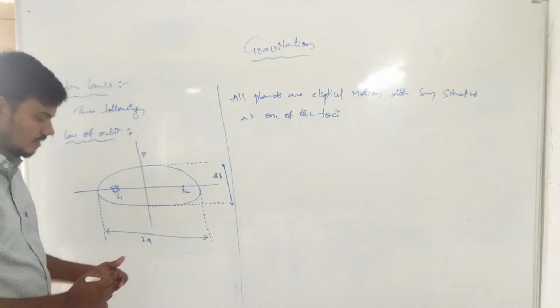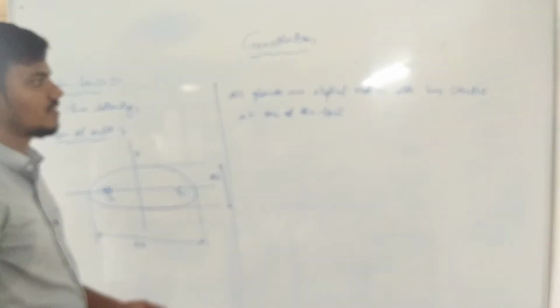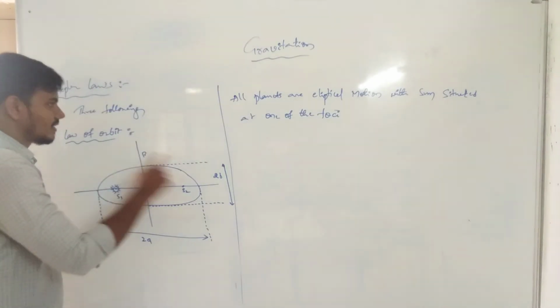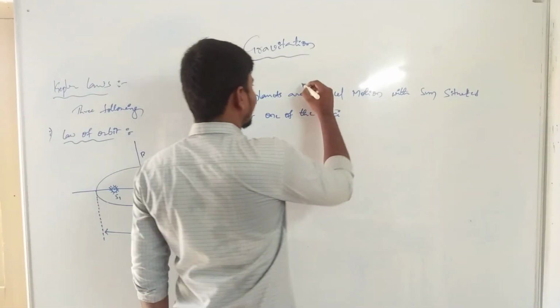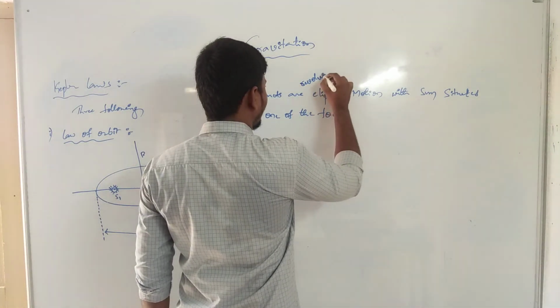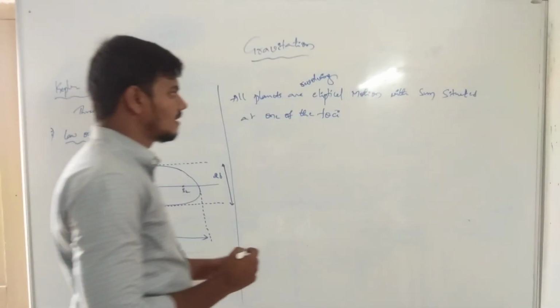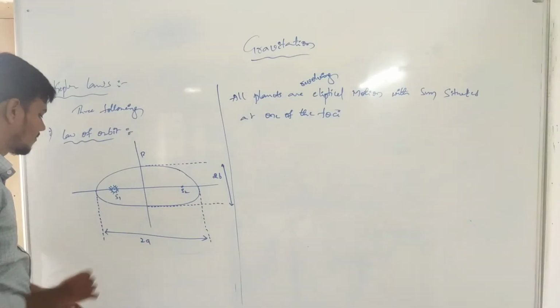This is the statement. All planets are revolving in elliptical motion with the sun situated at one of the foci.